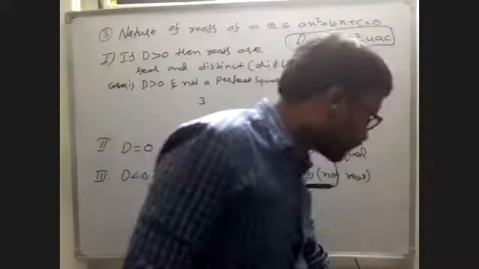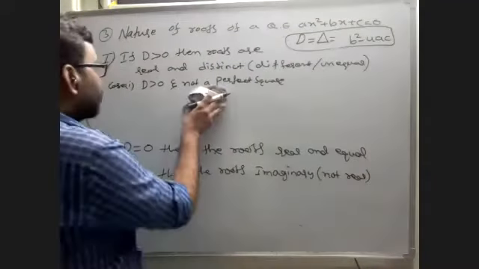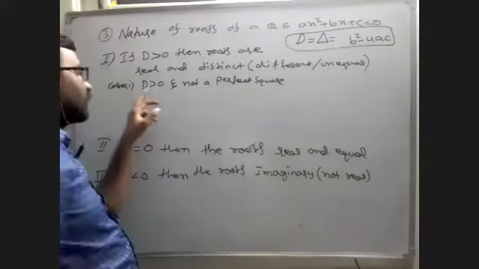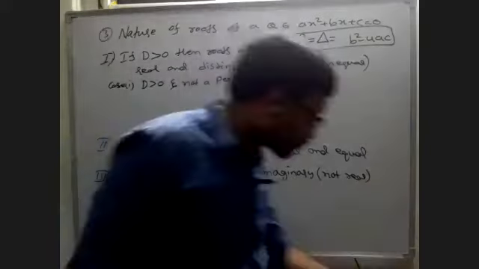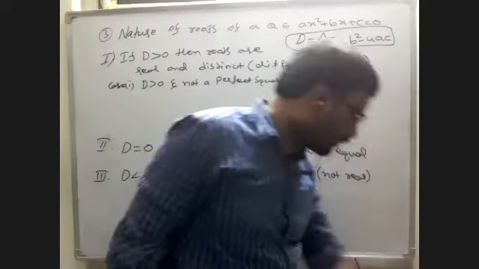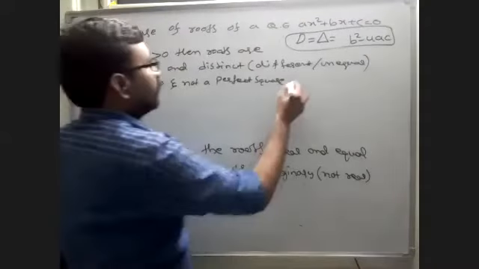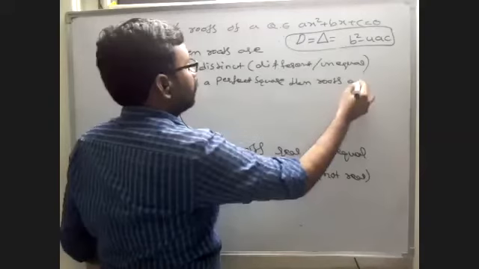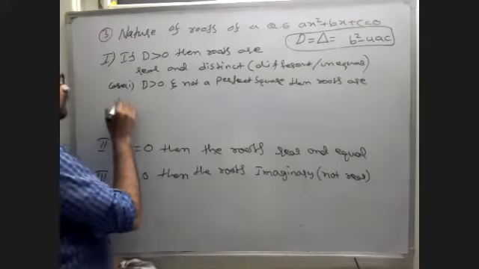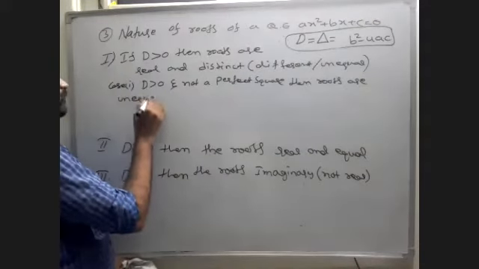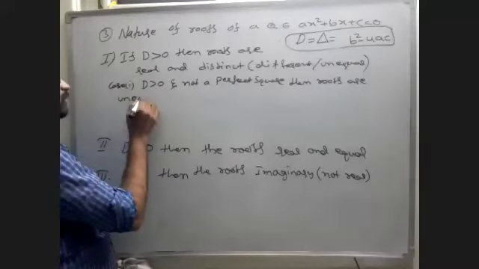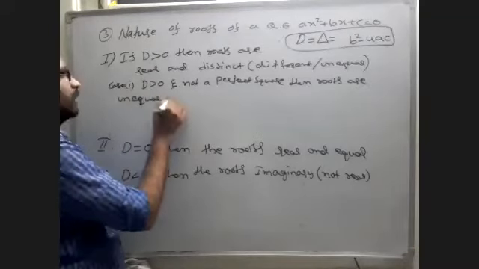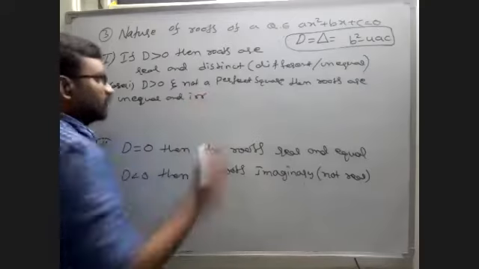So here we are discussing not a perfect square. Then the roots are unequal and irrational.